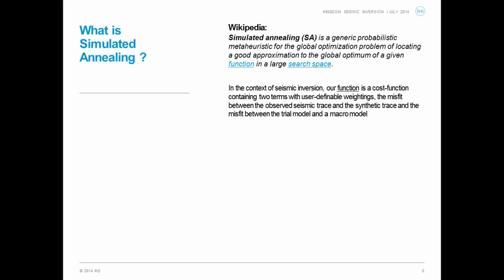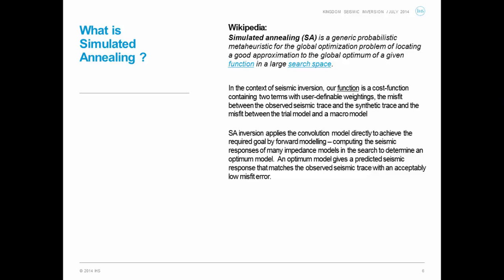SA inversion applies the convolution model directly to achieve the required goal by forward modelling, computing the seismic responses of many impedance models in the search to determine the optimum model. An optimum model gives a predicted seismic response that matches the observed seismic trace with an acceptably low misfit error. To provide additional stability, acceptable solutions are constrained to lie between upper and lower bounds defined in terms of deviations from the macro model. This is our search space.